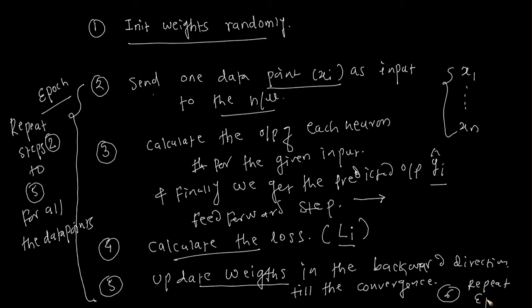Repeat epochs. So this is the backpropagation algorithm, right? If I summarize the backpropagation algorithm one more time, it is: initialize weights randomly. The second step is epoch.